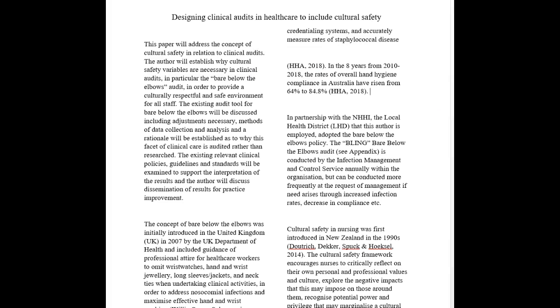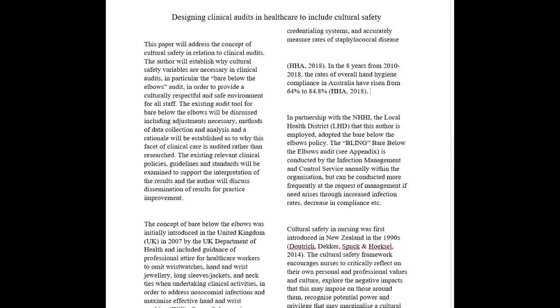The student has talked about why clinical audits are important, and why the particular student is using the tool, and then the student talks about the concept of being bare below the elbows, which means no shirts, jumpers or anything from the elbows down, to ensure that we are able to wash and clean our hands and arms correctly to prevent nosocomial infections.